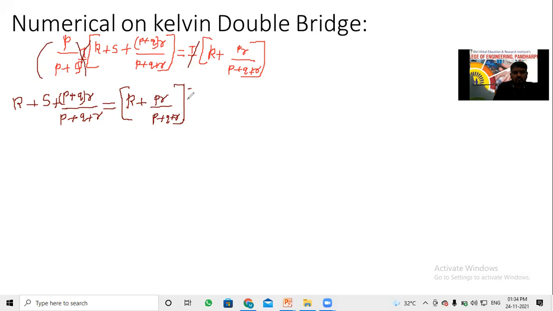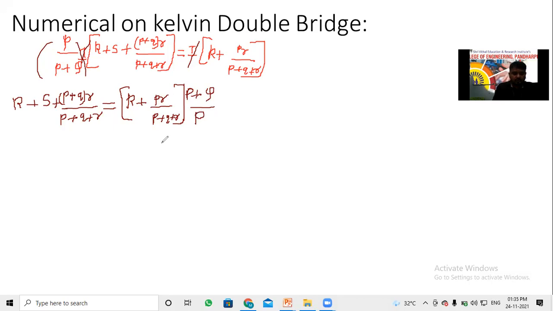It will become P plus Q divided by P. Numerator to denominator, denominator to numerator. Yes or no? Like 1 by 2 or 2 by 3, if I send into RHS side, it will become 3 by 2. Yes, sir. So that is called P plus Q divided by P we have to write here.